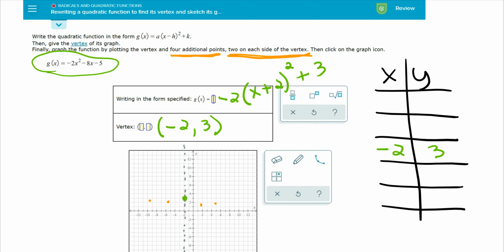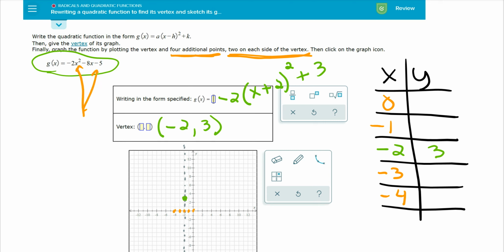So I want to go, use orange. It says 4 additional points, 2 on each side of the vertex. That means I'd need 2 points over here and 2 points over there somewhere on my graph. And since I'm limited to space on here, I'm just going to go 2 to the left. So for negative 2, if I go 2 to the left, I'd be looking at the coordinates for negative 3 and negative 4. If I go 2 to the right, I'd add negative 1 and 0. Does that make sense? And then I'm going to have to plug and chug them into this equation.